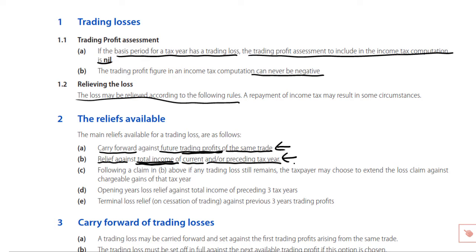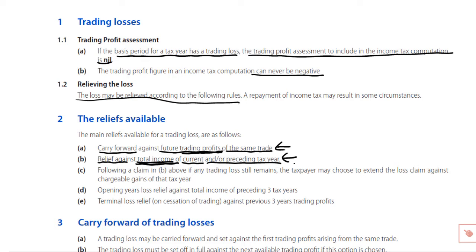That if there is a loss available and you choose to use it, be it current year, preceding year, or carry forward to the future, then all of that loss will be used to the extent that there is income available to be relieved. You can't make a partial claim. And here's your problem when you target total income. If the loss is bigger than the total income, then if you make the claim, you will eliminate all of that total income.